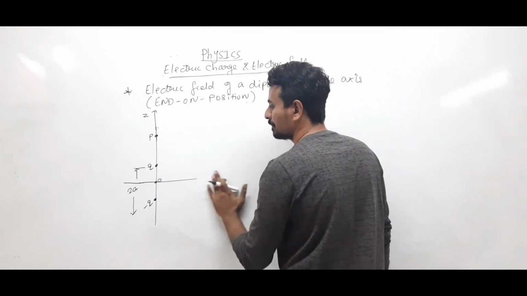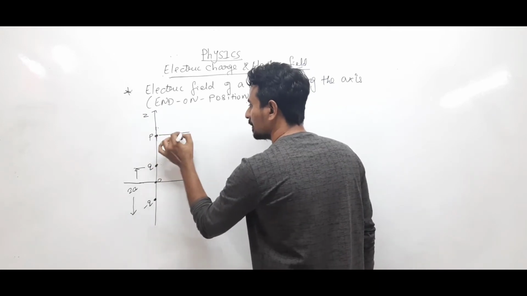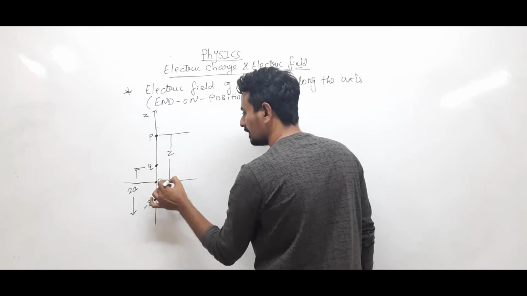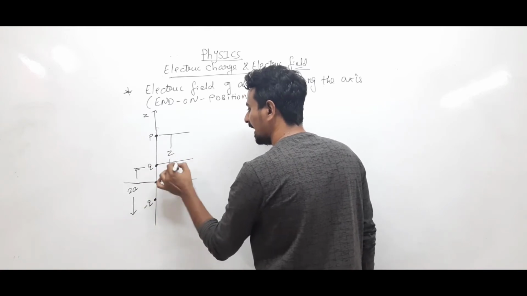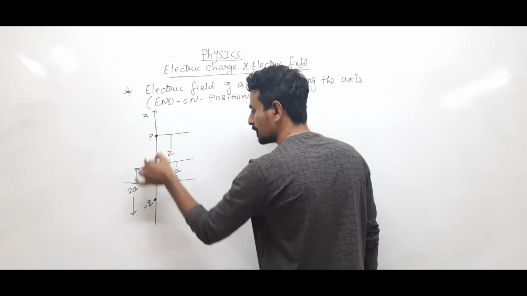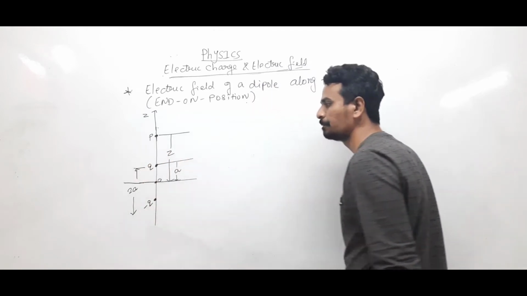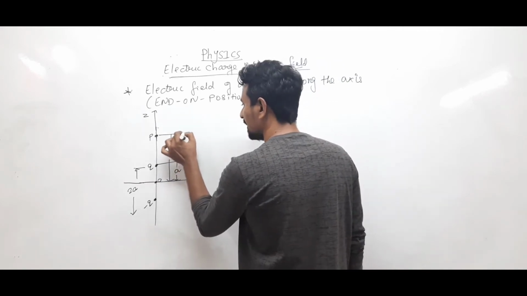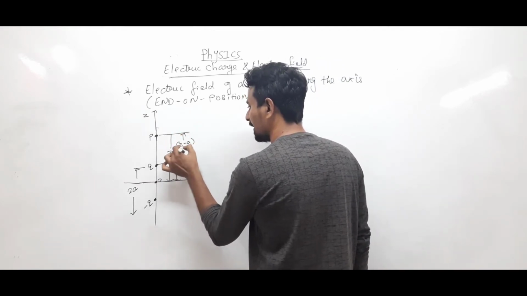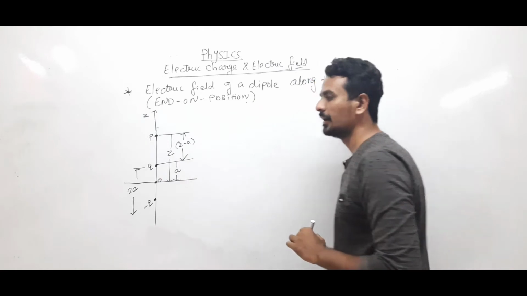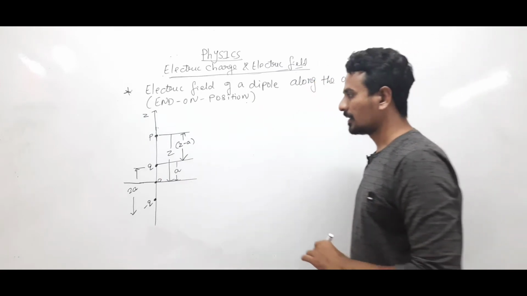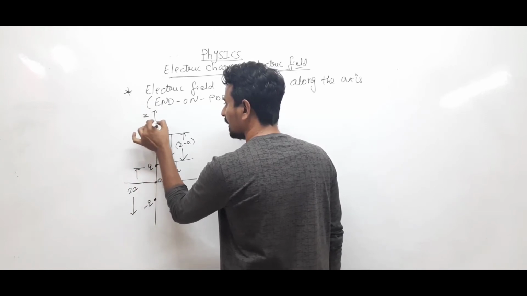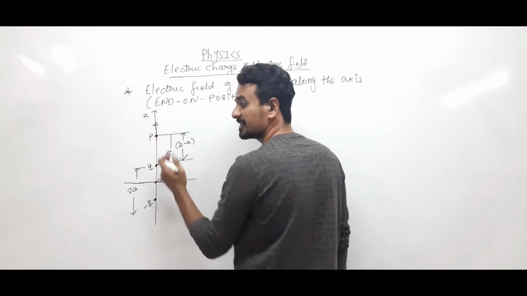Now this distance will of course be z, because the point itself is lying along the z axis. This distance will be a, because the total is 2a, this is a, this is a. So this distance will be z minus a. Now the electric field because of the positive charge at point P will be away, in this direction.